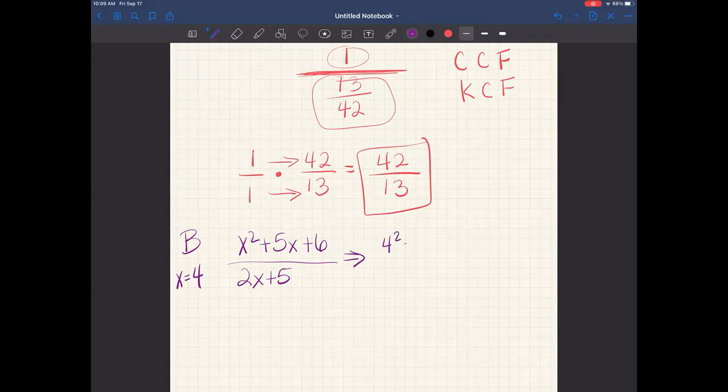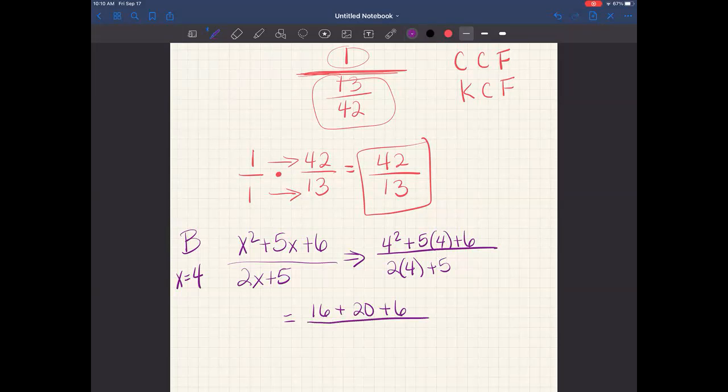So 4 squared plus 5 times 4 plus 6, all of that over 2 times 4 plus 5, okay? Doesn't matter which one I want to do first. I'll start with the numerator this time. 4 squared is equal to 16. 5 times 4, that's an easy one, that's 20, plus 6.